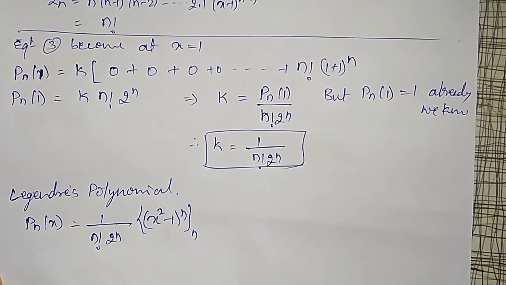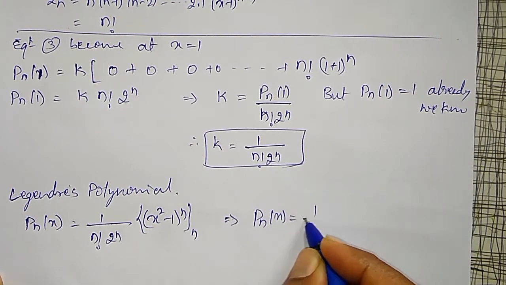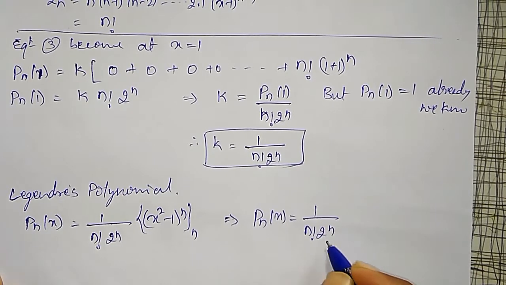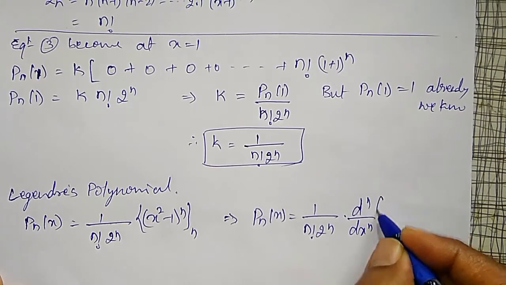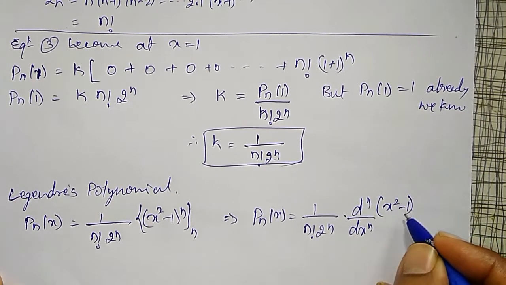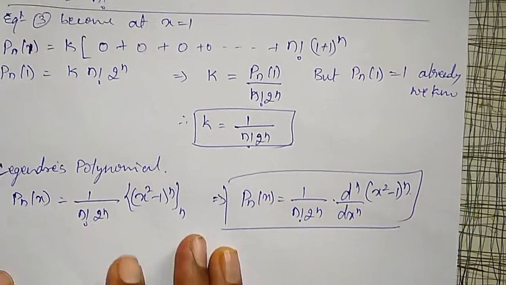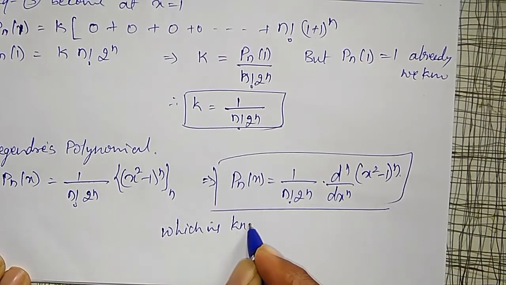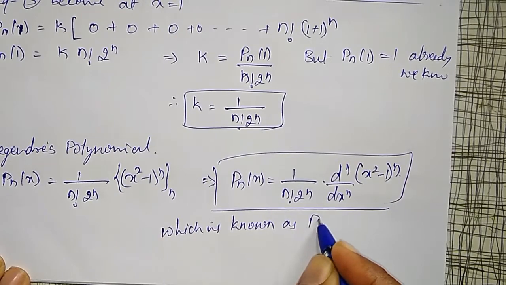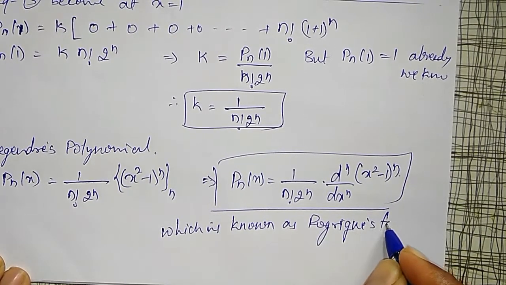Or simply, for our understanding, Pn of x is equal to 1 divided by n factorial into 2 raised to n, into the nth derivative of (x square minus 1) raised to n, which is known as Rodrigues formula.